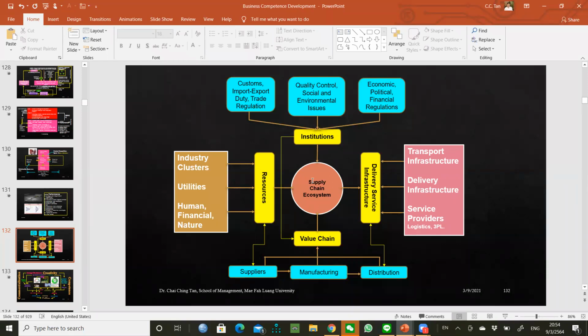The success and the ability to operate really depend on the institutions I have already shared, the resources, the set of members and different types of value chains to support it, plus system and service infrastructure. Then from there you can deliver your goods and services any way you want, in a very agile sense.